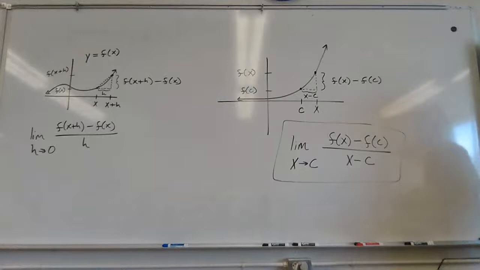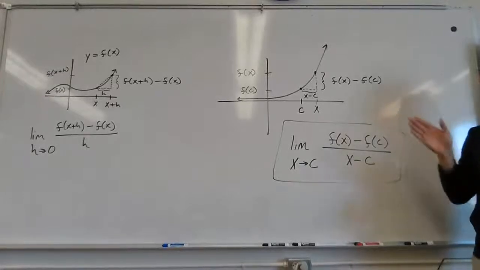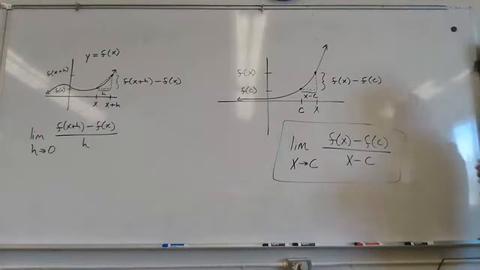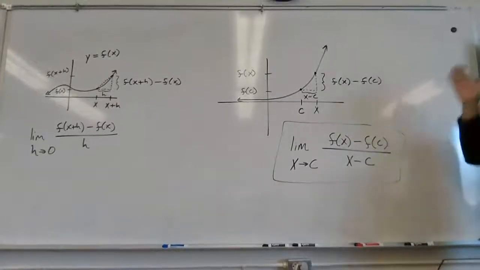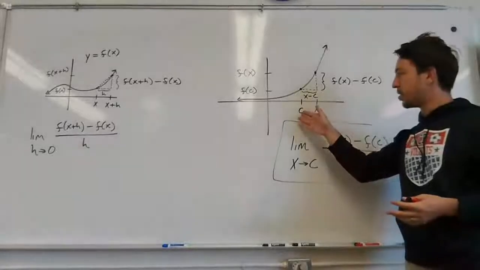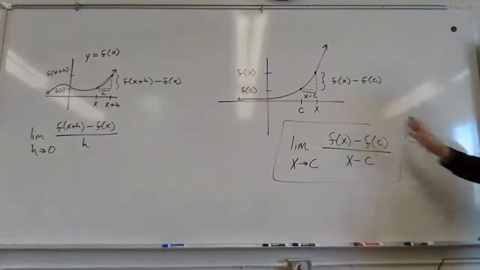The big difference is that this one you're really focused on just knowing the derivative at a single point. Say you have some peculiar function where I don't really care about getting a general formula for the derivative. I really just want to know the derivative at this certain x value. This is typically what you use.